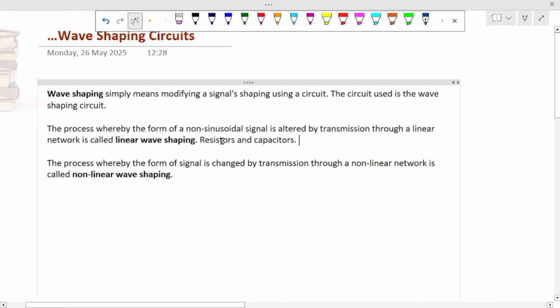Then non-linear networks include diodes and transistors, and inductors also. In the non-linear network, you can have linear elements also, resistors and capacitors. But once you have non-linear elements in a network, that makes it a non-linear network.